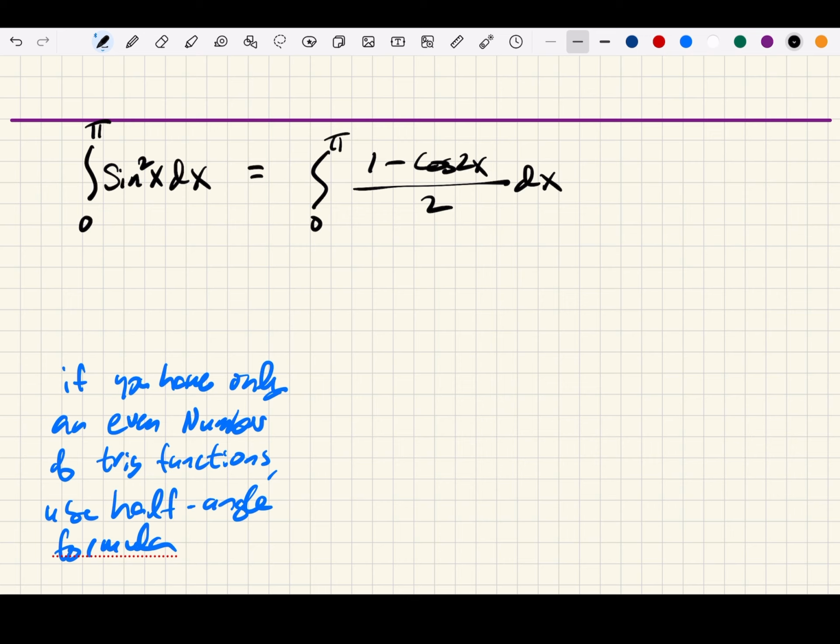This I can do: the integral from 0 to pi of 1/2 dx minus the integral from 0 to pi of 1/2 cosine 2x dx. And now I can integrate that.